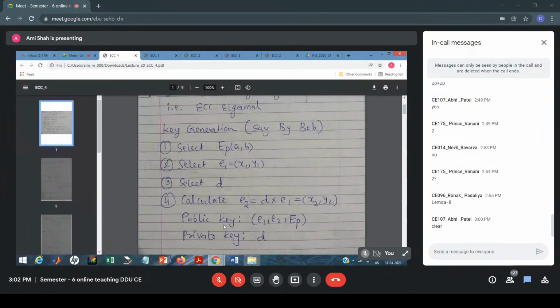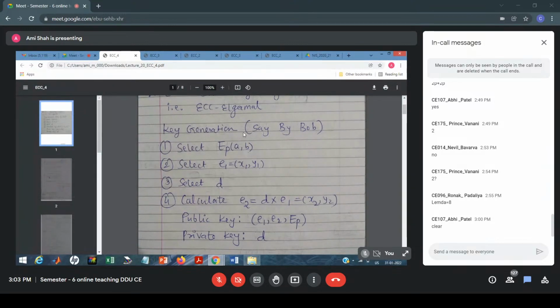Then Bob calculates E2, which equals d multiplied by E1. This is the point (x2, y2). Here each and every one is a point. After this, the public key is generated, that is E1, E2 and P, and the private key, that is d.